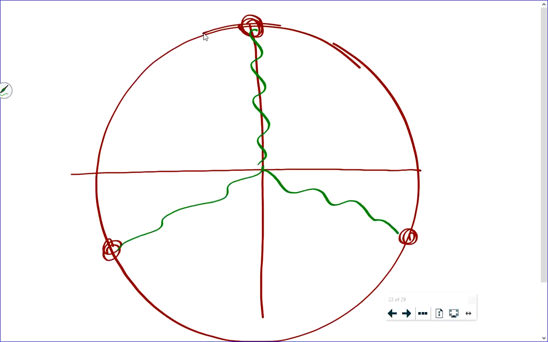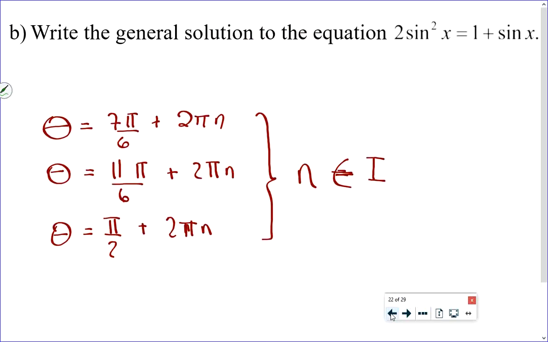It's called the Hippie equation because it forms a peace sign. Just kidding, but we don't call it that. All of these angles are 120 degrees away from each other. There's nothing wrong with saying this. But what you could say instead is that theta equals pi over 2 plus multiples of 120 degrees. And that covers all three situations.